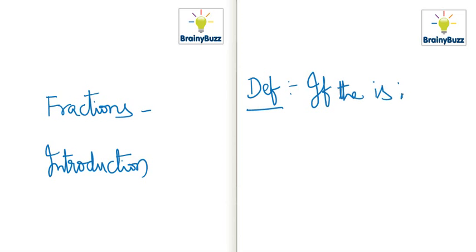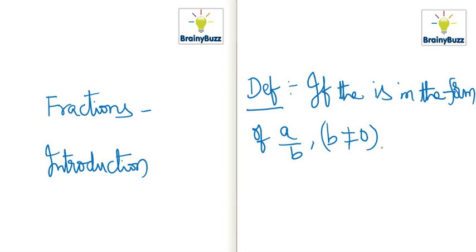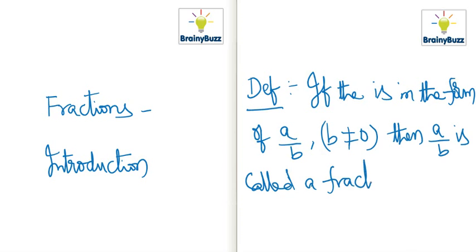If the number is in the form of a by b, where b is not equal to 0 and a, b are all numbers, then a by b is called a fraction.